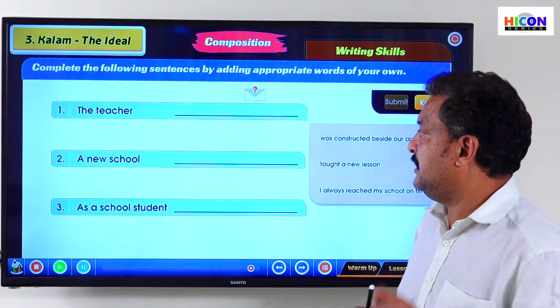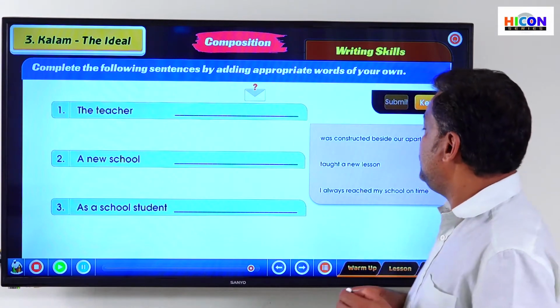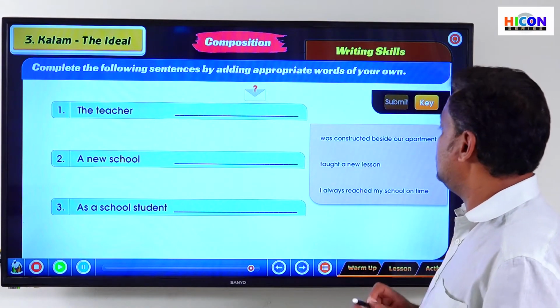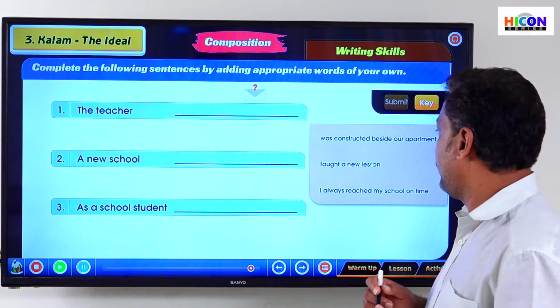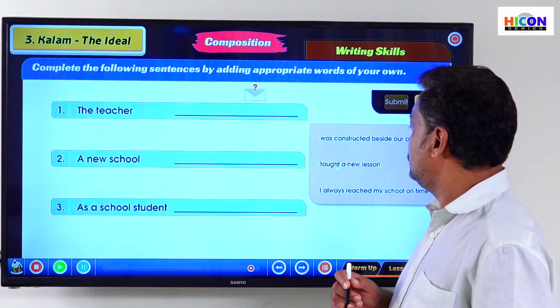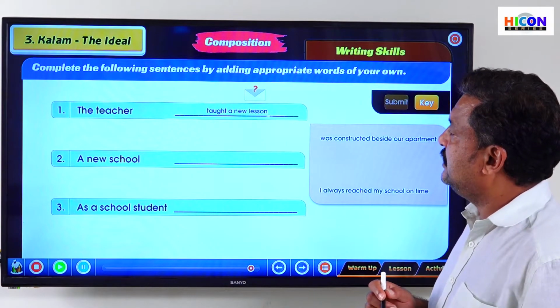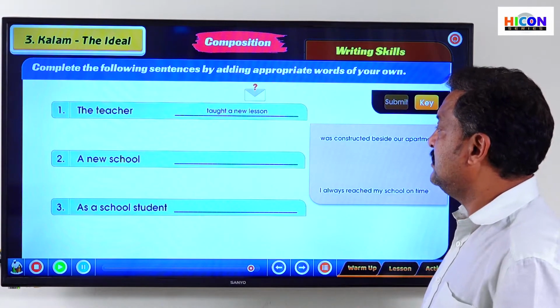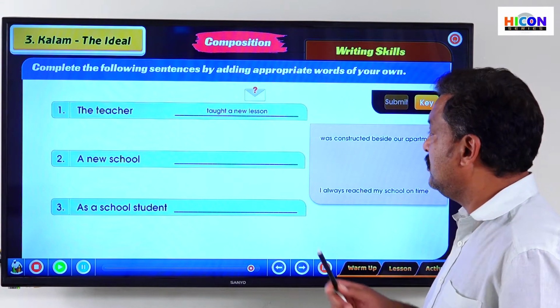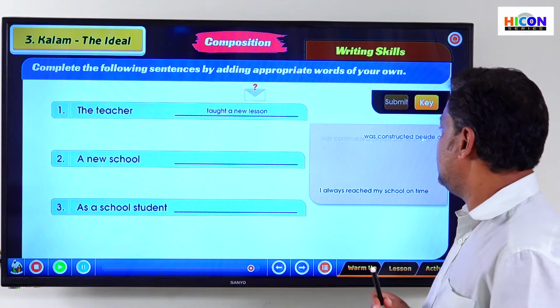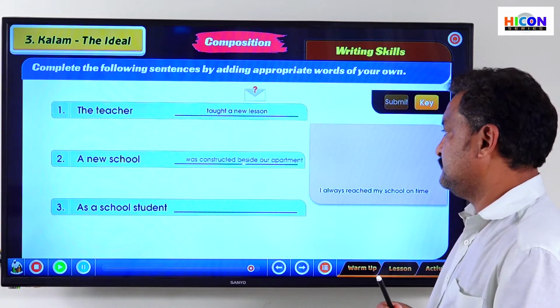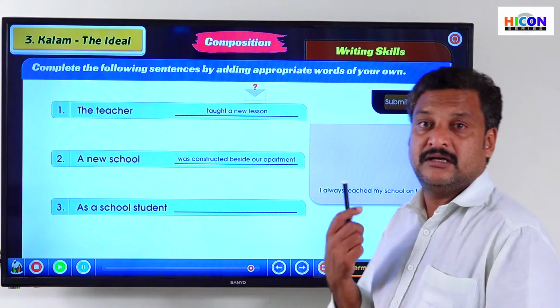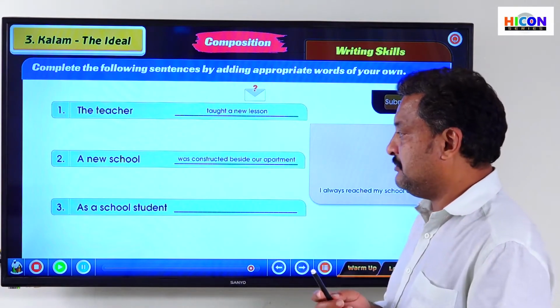Now, the teacher taught a new lesson. A new school was constructed beside our apartment.